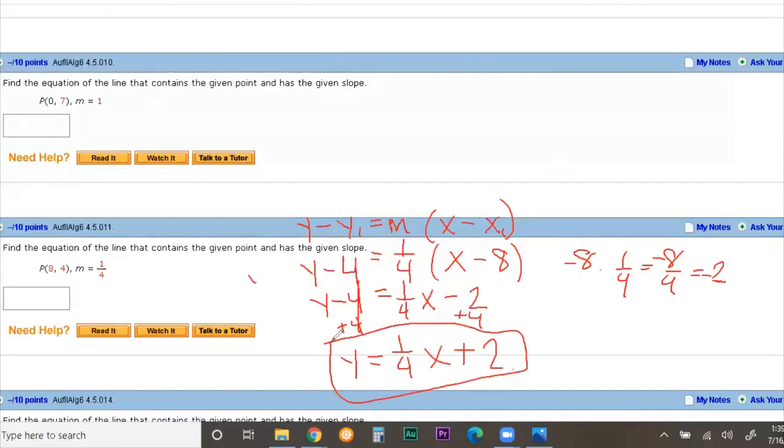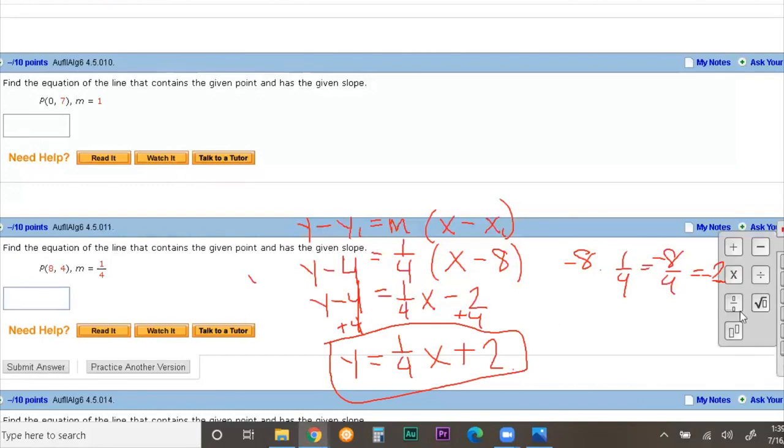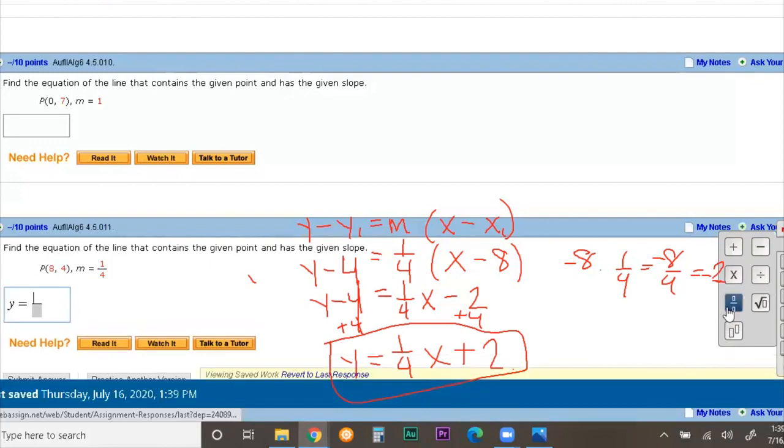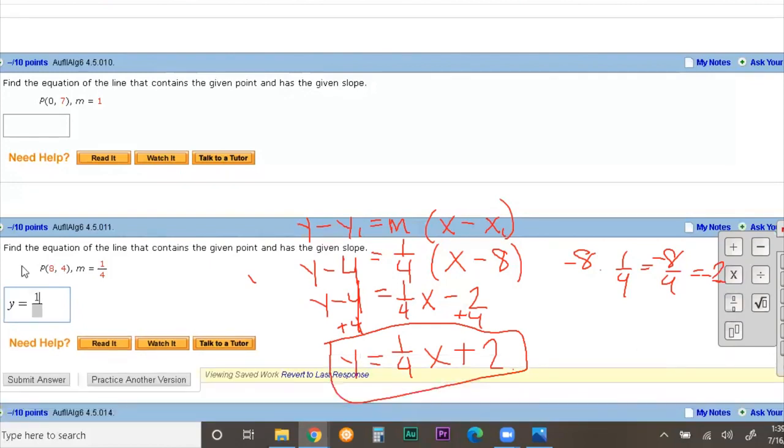Okay. Now entering this in, we have some options to input, like fractions and different things like that. So I'm going to do y equals, and I want to click this fraction button, 1/4.